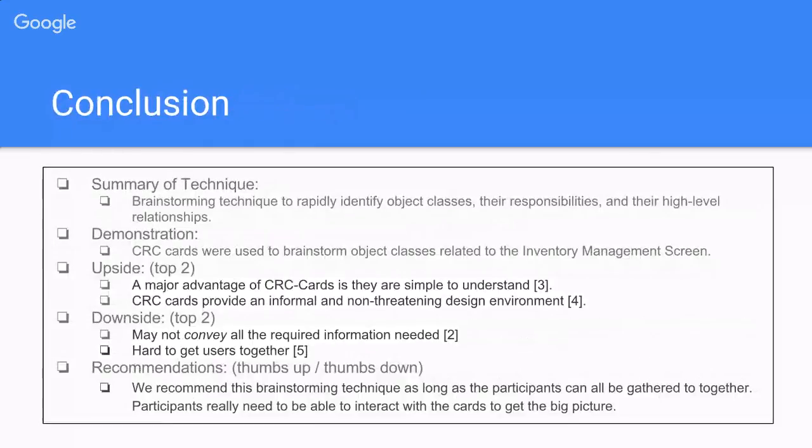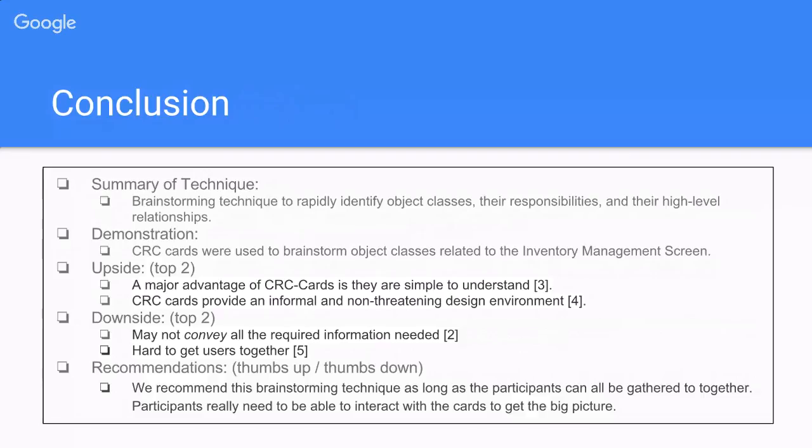In conclusion, the summary of the technique is that it is a brainstorming technique used to rapidly identify object classes, their responsibilities, and their high-level relationships. In our demonstration, we used CRC cards to brainstorm the object classes related to the inventory management screen. There are 2 upsides to using CRC cards.